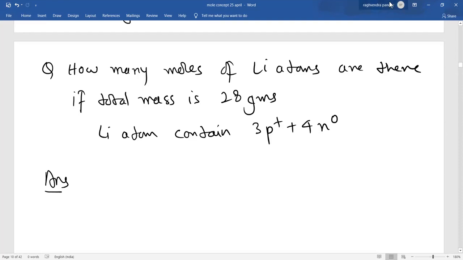Who is there? 4 moles. Okay, good. Aditya, Parajita, good. Any other? No. Okay, so the answer is 4 moles. One more. Okay, who is there? Okay, Teet. Good. So the answer is 4. Okay, who is not getting the answer?